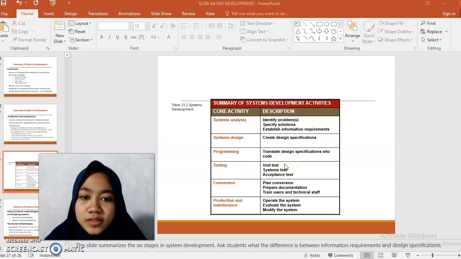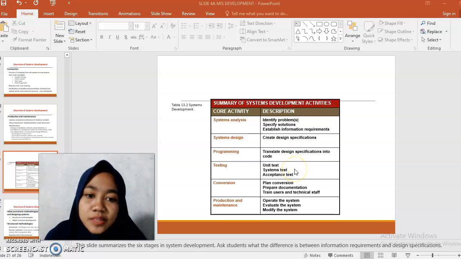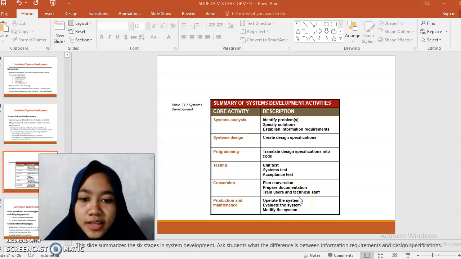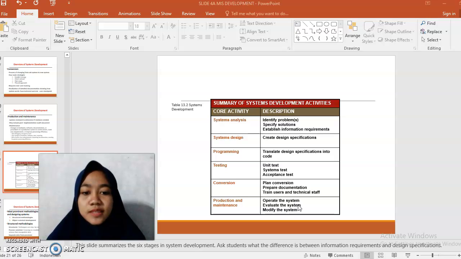Testing: unit test, system test, and acceptance test. Conversion: plan conversion, prepare documentation, and train user and technical staff. Production and maintenance: operate the system, evaluate the system, and modify the system.